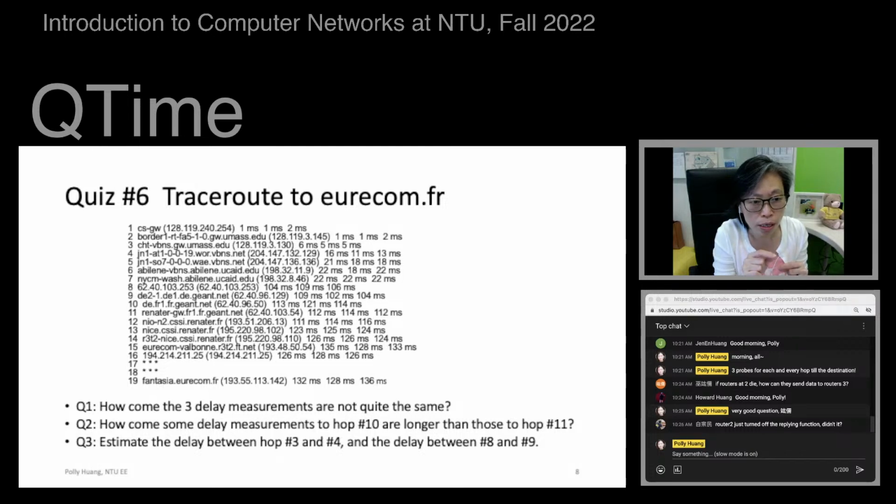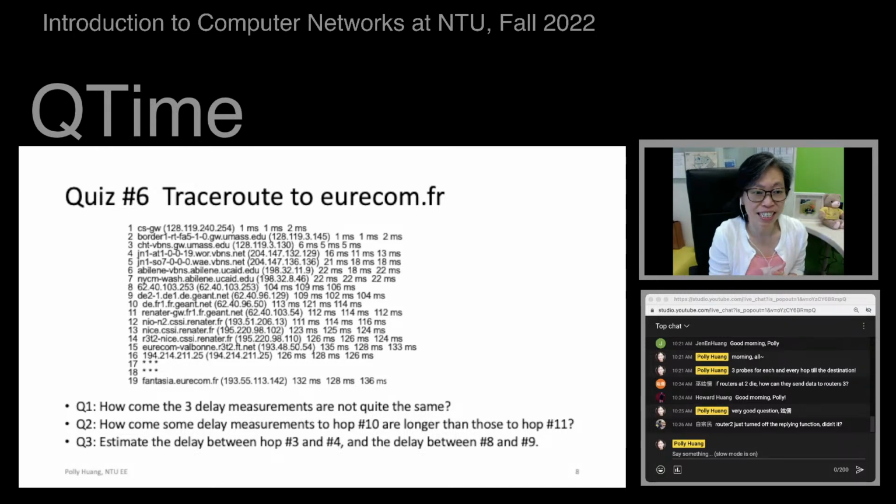But if you read the 3 measurements to hop 11, that row says 11, 111, 114, 112, 114, and 112. The average delay to the 11th hop seems to be shorter than the 10th hop. How can this be happening? Why?